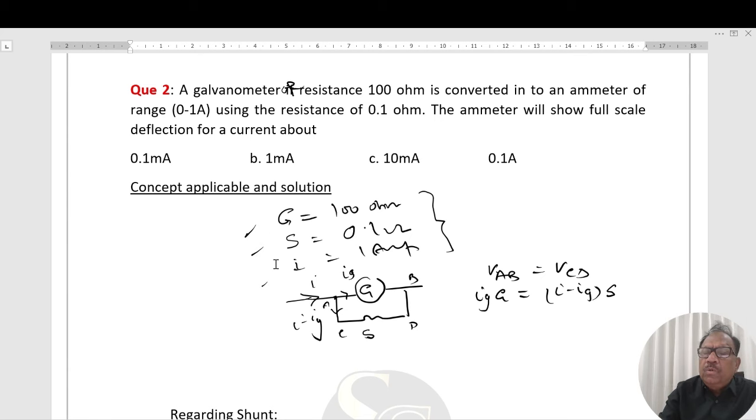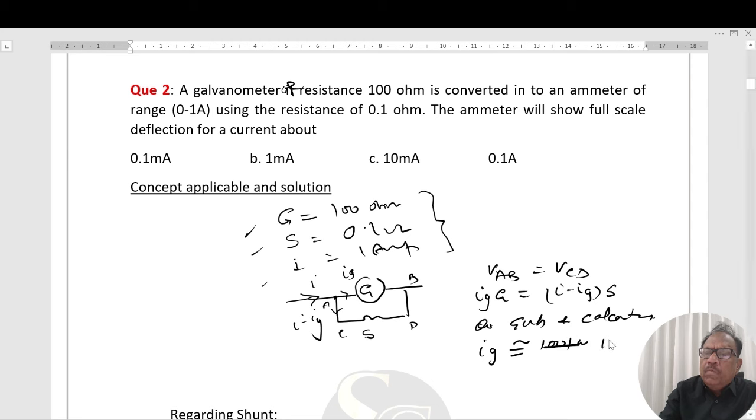We have to find out Ig, so on substituting and calculating, we get Ig approximately equal to 1 milliampere. So option B is the correct answer.